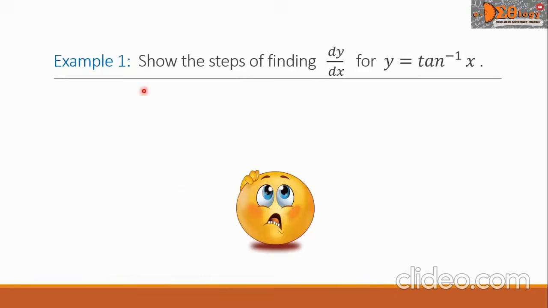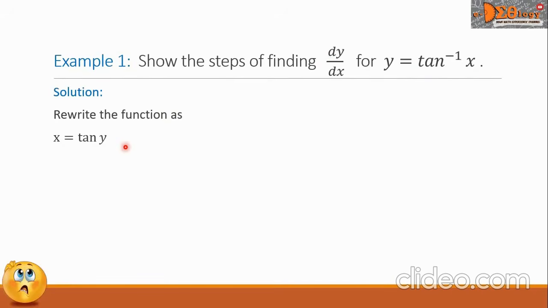Let's see this example 1. Show the steps of finding dy over dx for y equals tangent inverse of x. First, rewrite this function to be x equals tangent y. And from here, we're going to take the derivative by implicit differentiation.